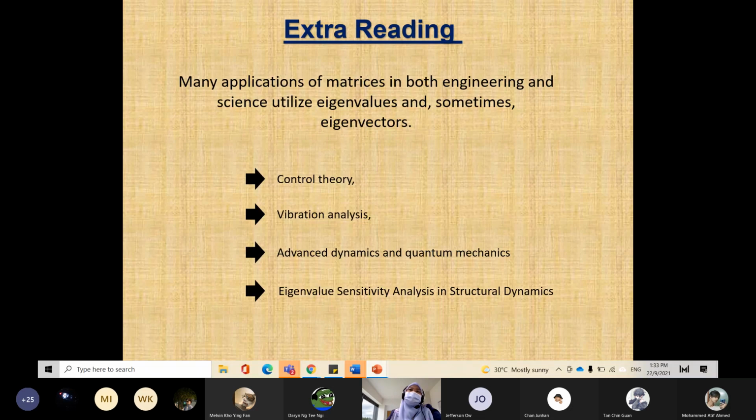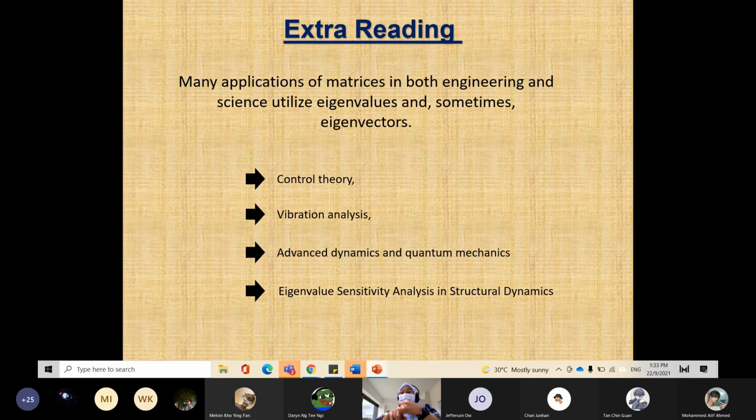So there are many applications of matrices in both engineering and science. You can see we use more of the eigenvalues and eigenvectors. For example, if you learn control systems, in control systems you need to find the damper system, the vibration system.